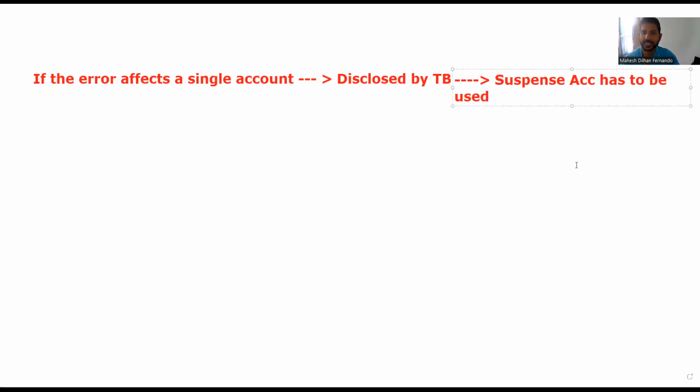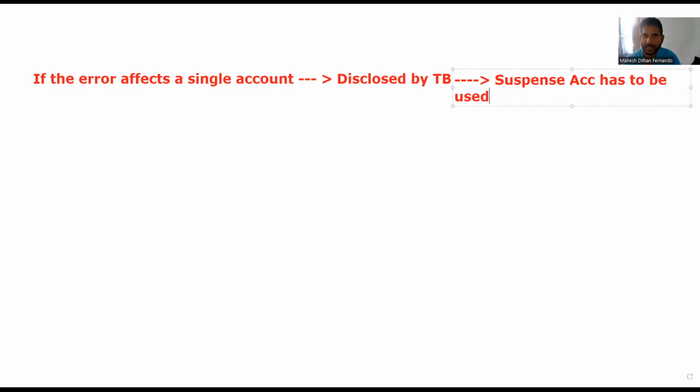We have to use the suspense account to rectify this error. If the error is only in a single account, it is definitely disclosed.